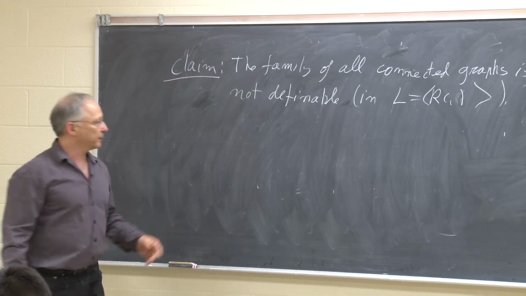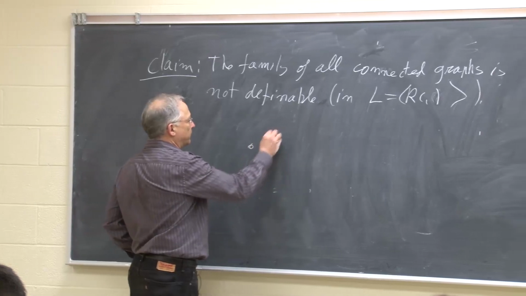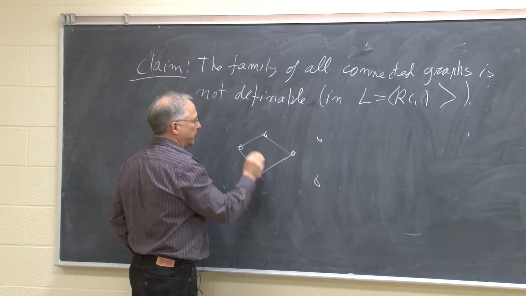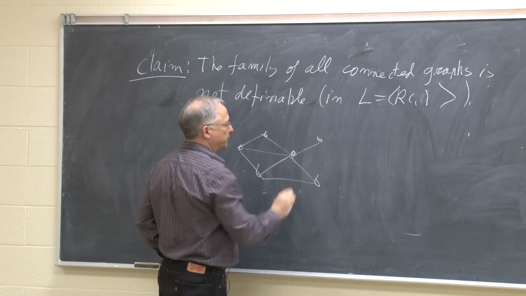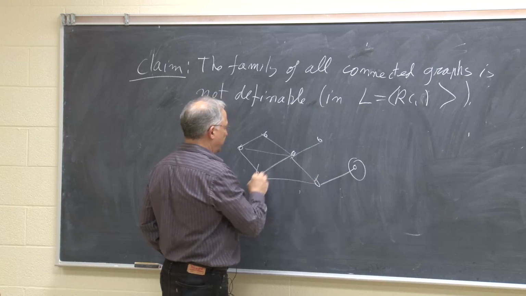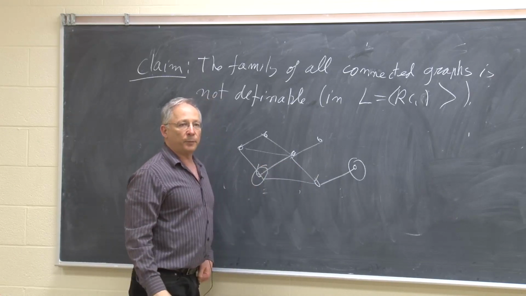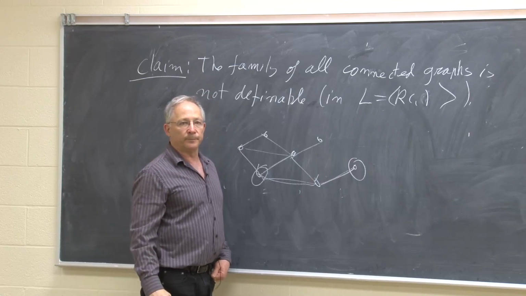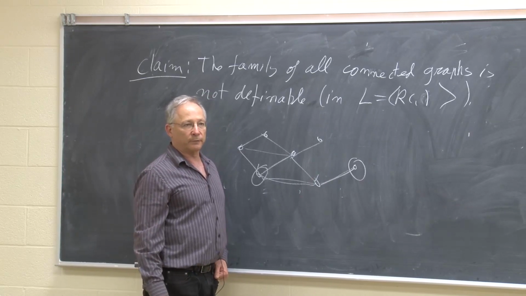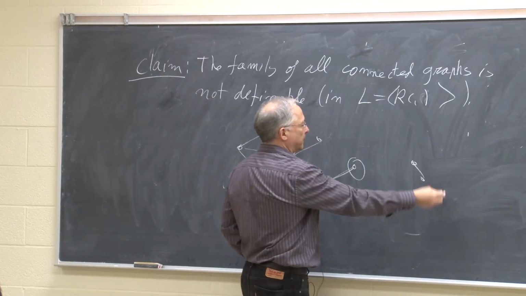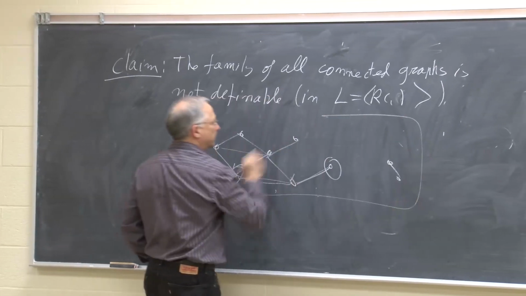Now, what is a connected graph? Just to remind you, let us consider undirected graphs for simplicity. A graph is connected if for any pair of nodes that I pick, I can find a path that connects them. That's the definition of a connected graph. So this is a connected graph. If I add here something, then suddenly this graph is not connected.